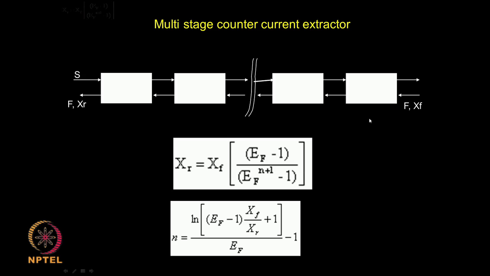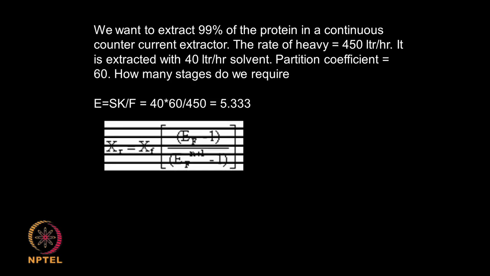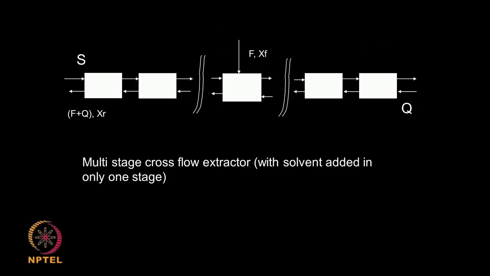Whereas the next setup is called a multi-stage cross-flow extractor. We have the feed entering from the middle, FXF, and we have an aqueous stream called Q, and solvent is coming from here.